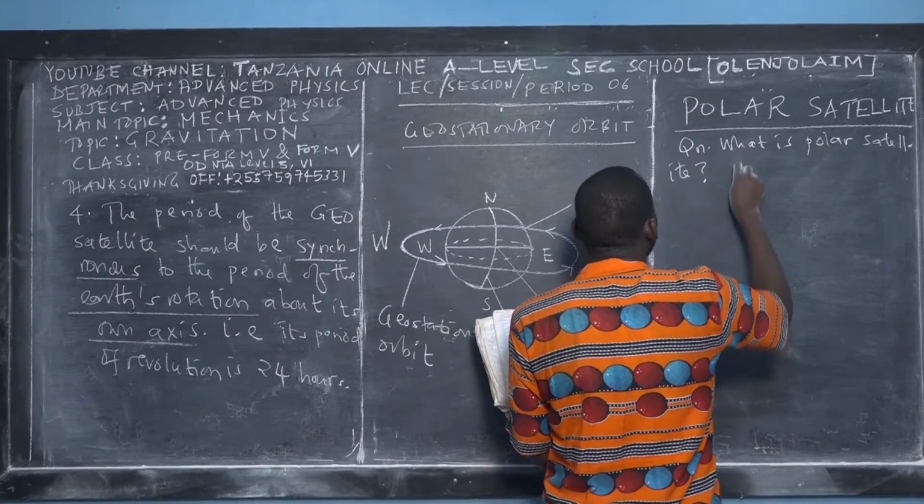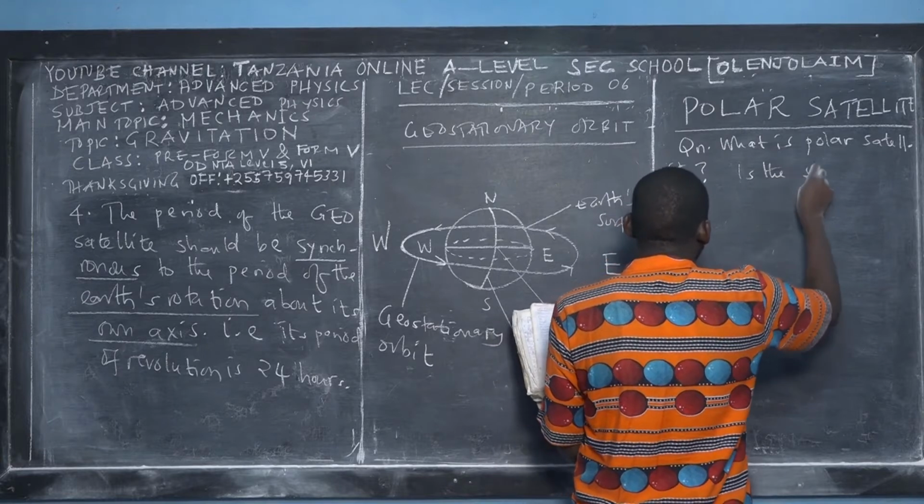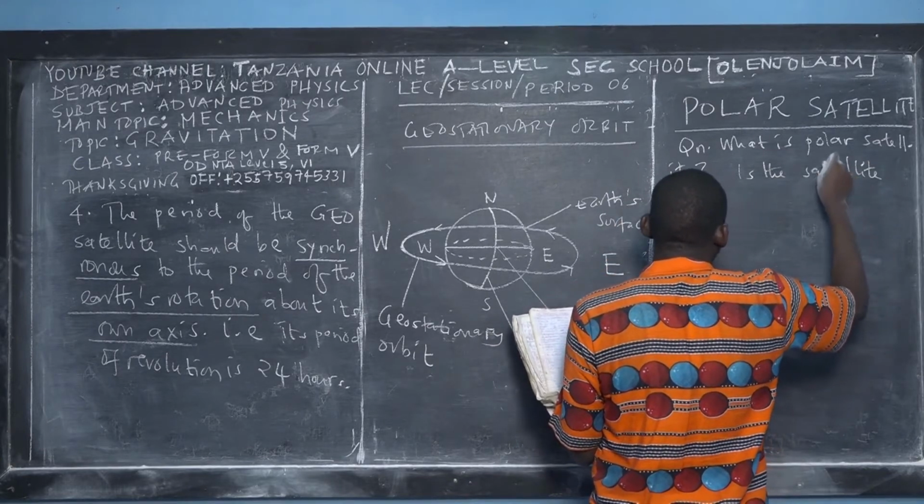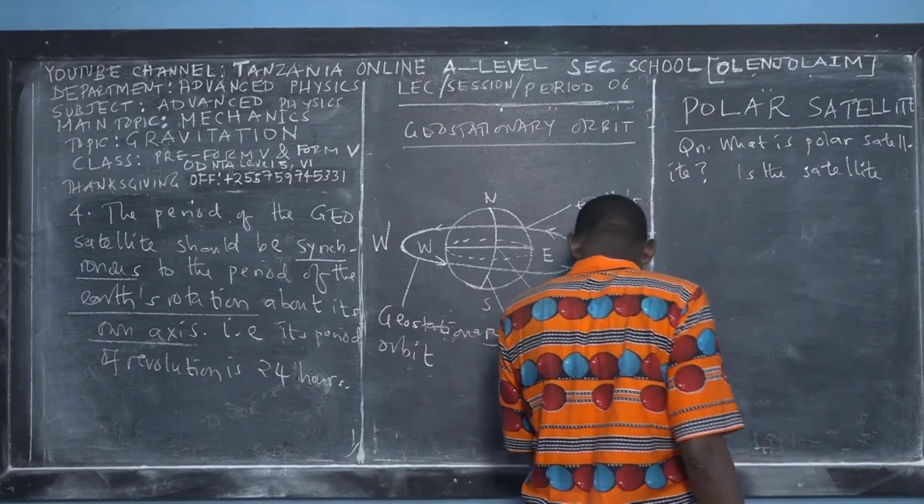A polar satellite, we say, is a satellite. These are also artificial satellites, okay?